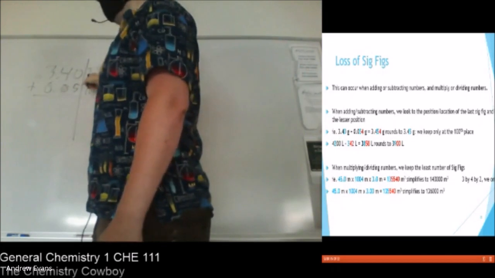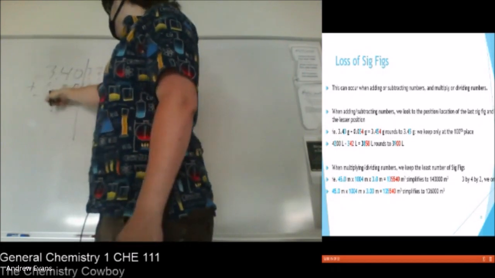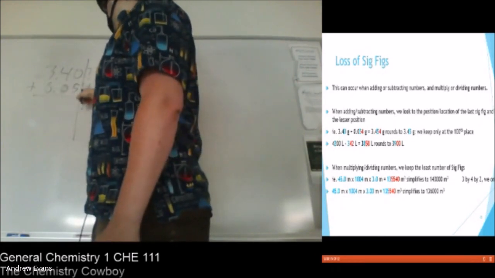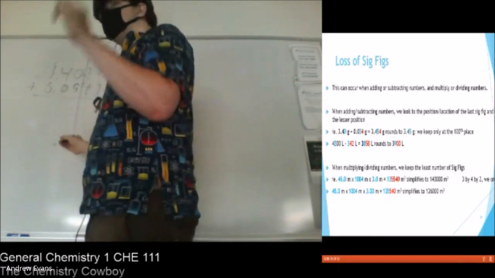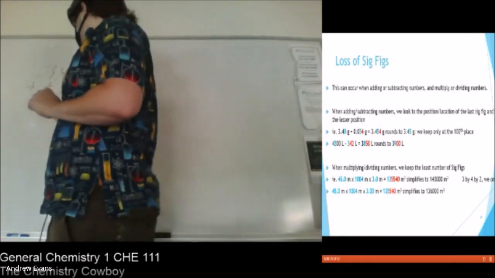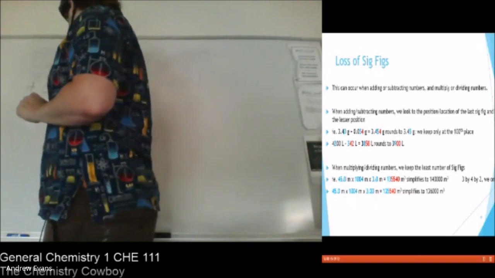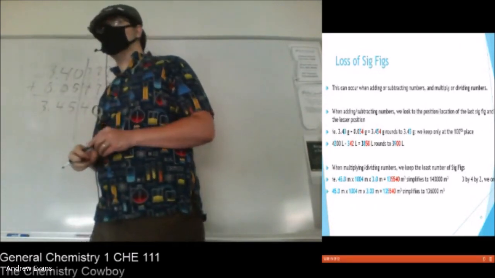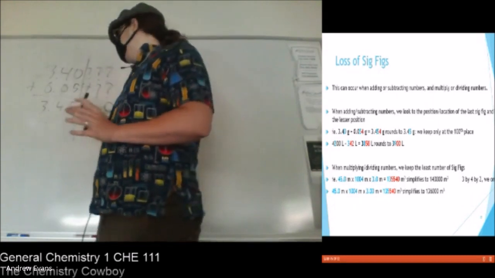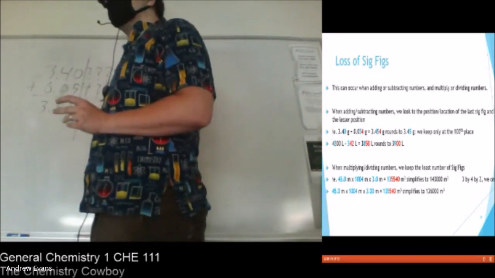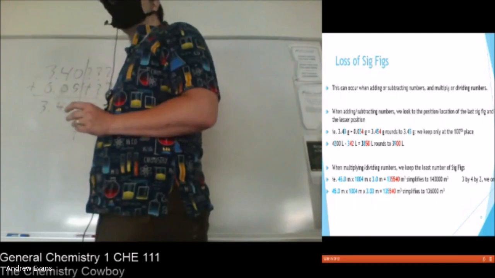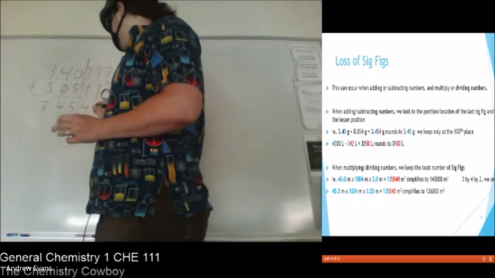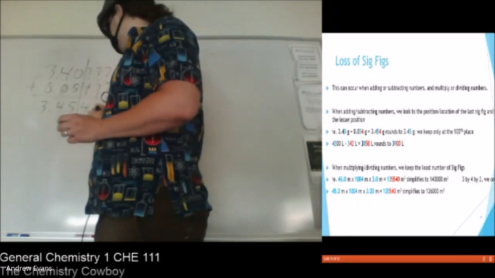3.40, don't know. 0.054. You do the math. You can punch this into your calculator just fine. The calculator tells you 3.454 is your answer. But that 4 is on the other side of the line. That 4 is a 4 plus a question mark.